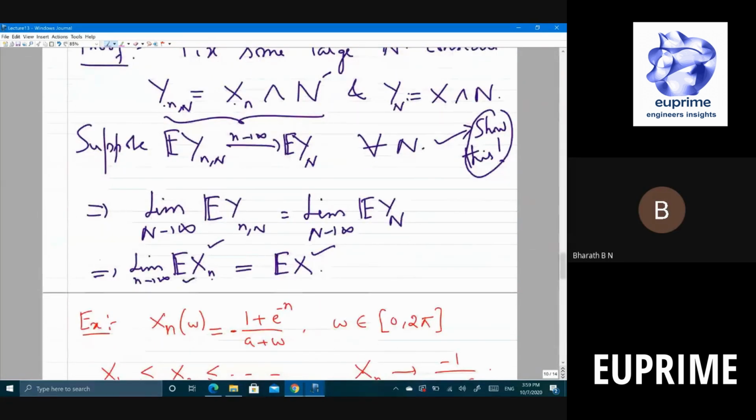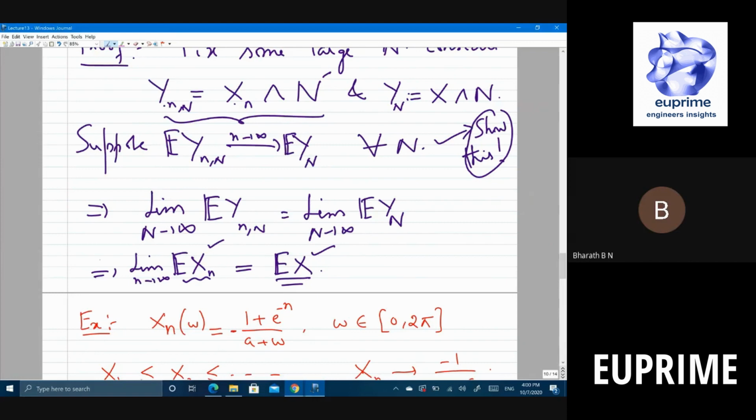Suppose for some small n, the expected value of xn is infinity. Then the expected value of xn plus 1 is also infinity, the expected value of xn plus 2 is also infinity, and so on. You get a sequence of infinity, and the left hand side is infinity, right? But the expected value of x need not be infinity, right?